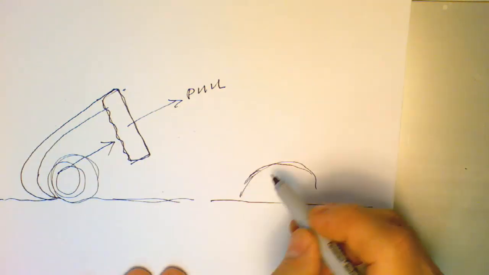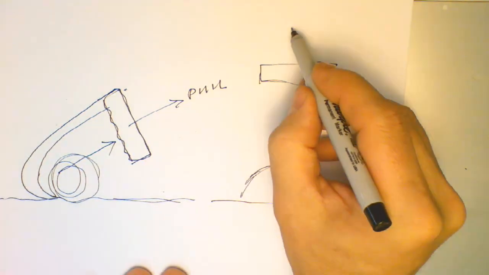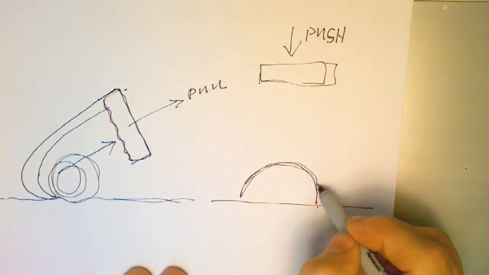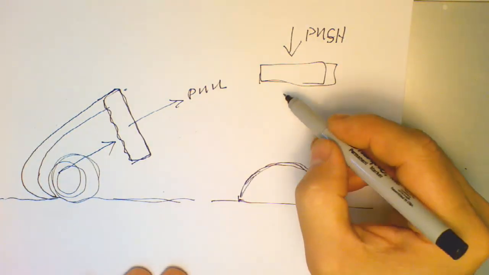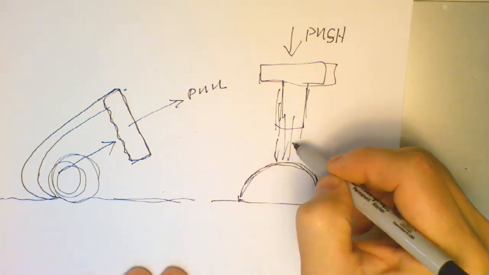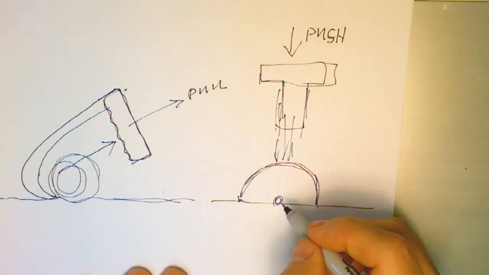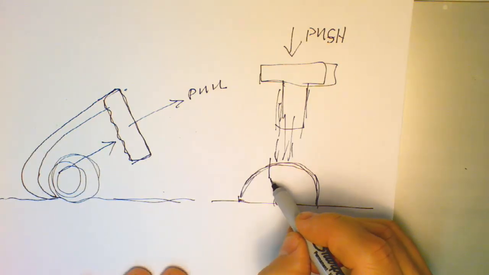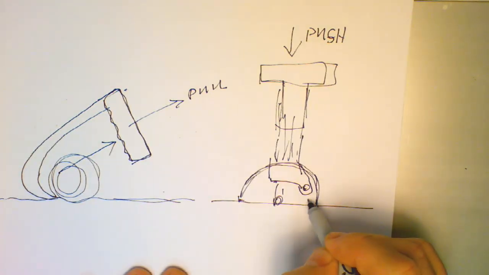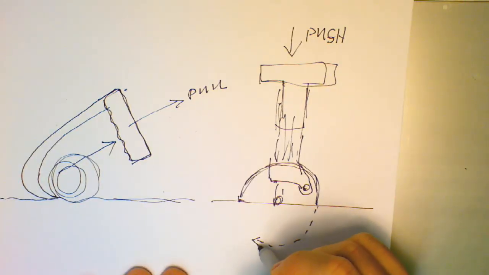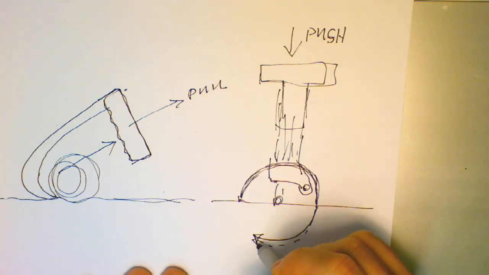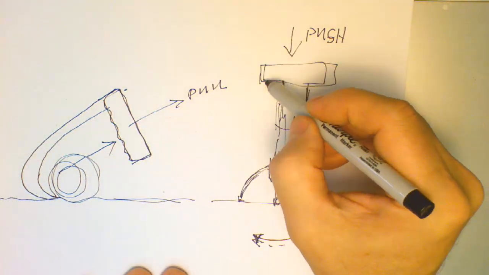I'm thinking, so a push approach, and let's imagine we have a ball-shaped cutter, and I wonder if there's a way to create a little mechanism such that you could get this piece here to rotate under, kind of like an excavator, when you push down on the top.